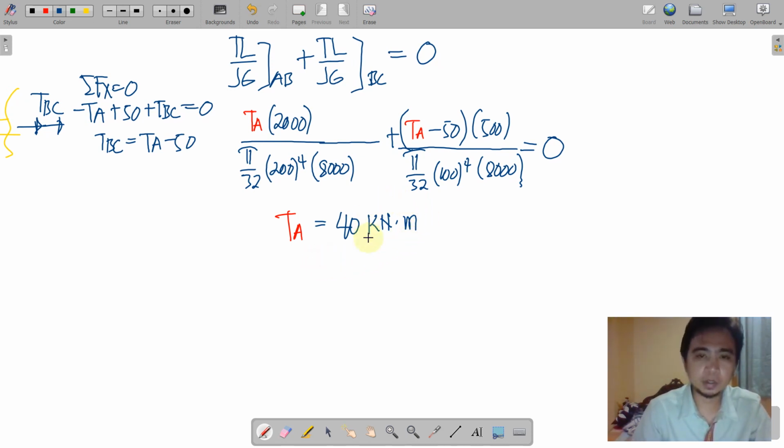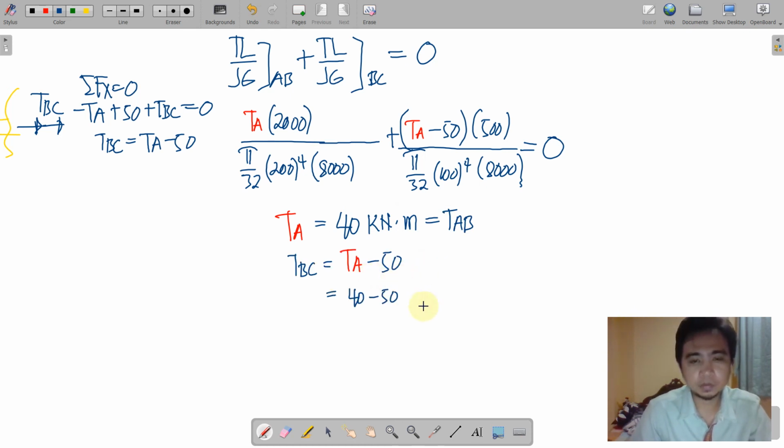So kilonewton meter again came from the given 50 kilonewton meter. So just be consistent with all of these units. So remember that TA is also TAB and TBC is TA minus 50. 40 minus 50 is of course negative 10 kilonewton meter.